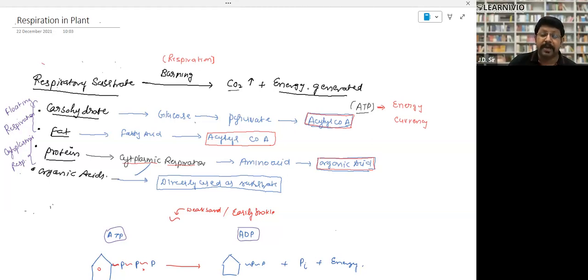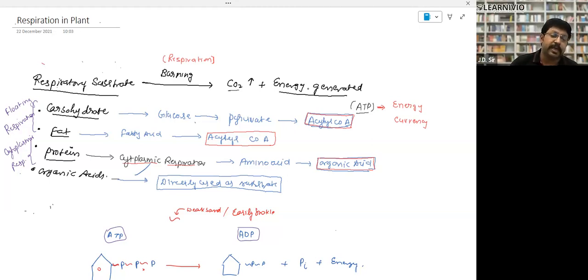When protein is used as a respiratory substrate, we call it cytoplasmic respiration, right? It breaks down into amino acid and amino acid breaks down into organic acid. And organic acid produces energy, right? Then the fourth respiratory substrate is organic acid. Organic acid is directly used as a respiratory substrate. They need not break down into some monomer, right?